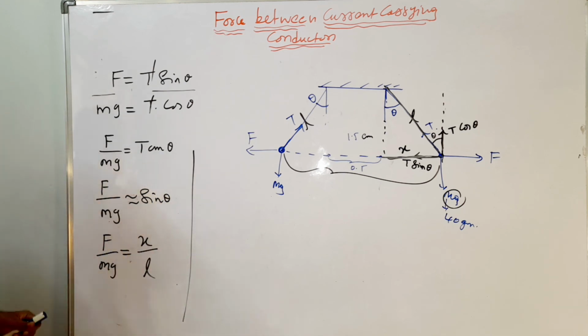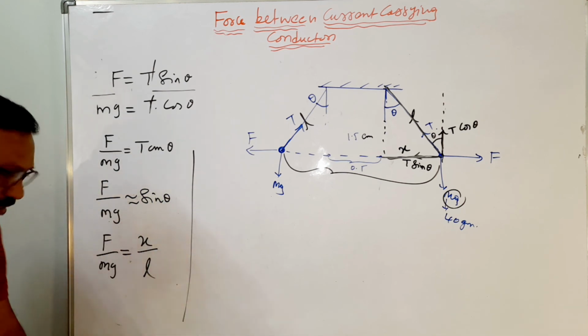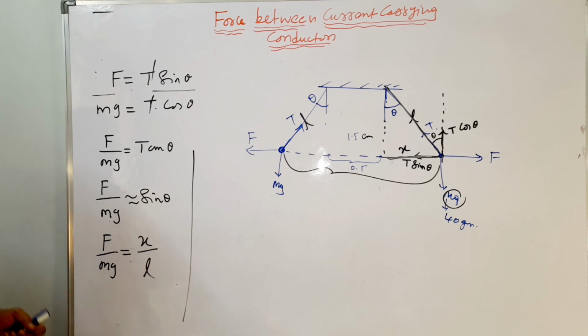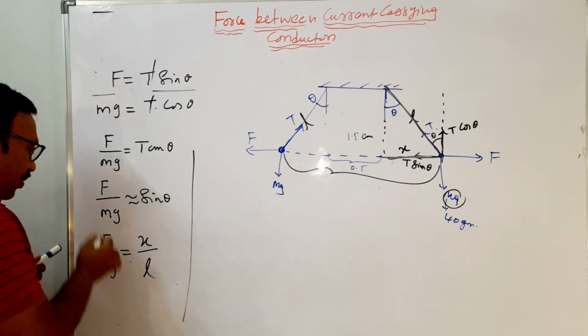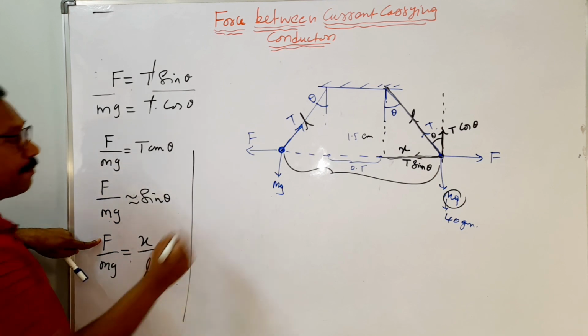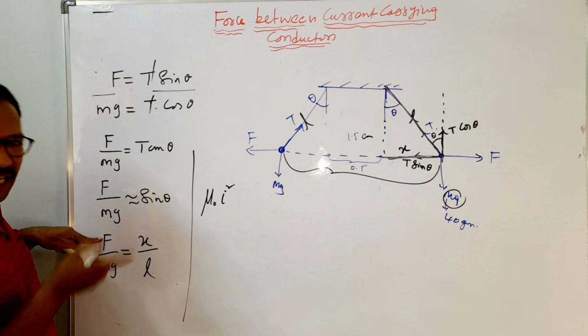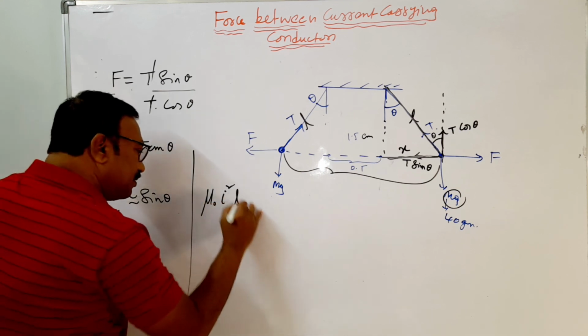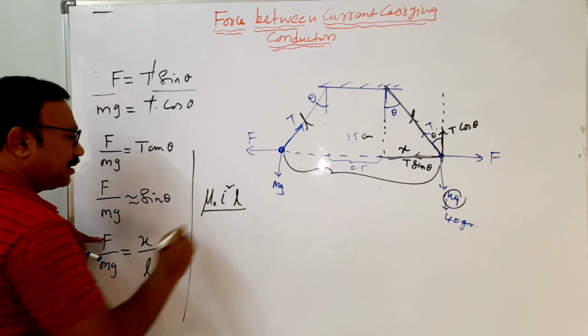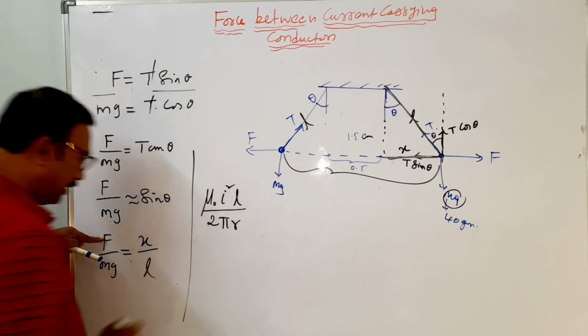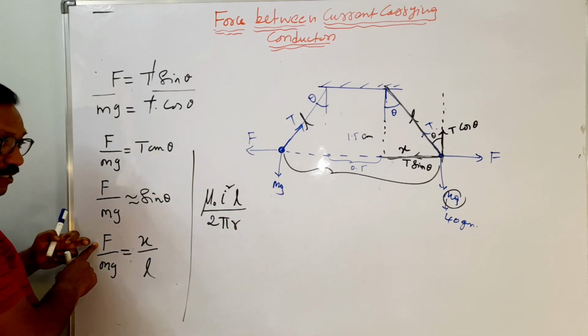Fine. What is the force? Force per unit length I'll calculate. The force is given by mu naught I1 I2 L divided by 2 pi r. I1 I2 means I square. This force I am calculating.